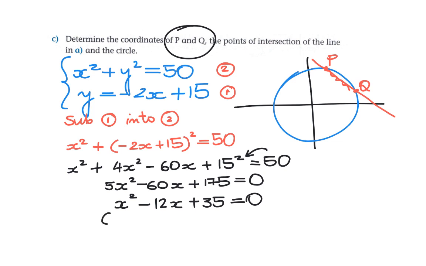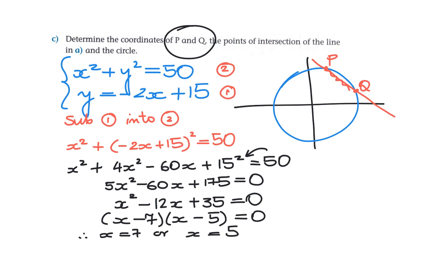If we do it by inspection, we are looking at a 7 and a 5. Both will have to be negative. Therefore, I get x as 7 and I get x as 5. So if you look on our graph, obviously the smaller x value will be the x coordinate of P, and the larger x value will be the x coordinate of Q.